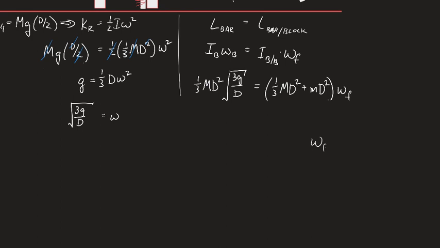Final velocity equals, I'm going to put the original velocity off to the side because we know that's a velocity. That was how fast it was traveling before. And I'm going to have the 1/3 md squared on the top there and 1/3 md squared plus md squared on the bottom.